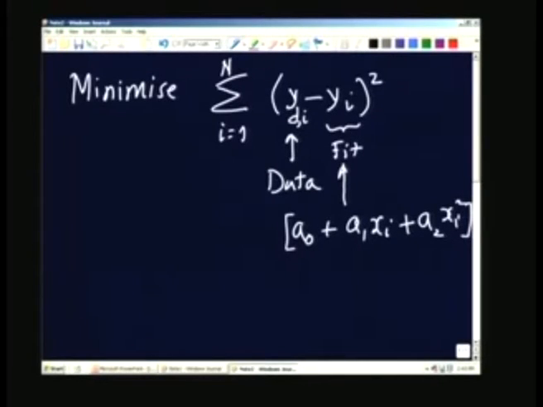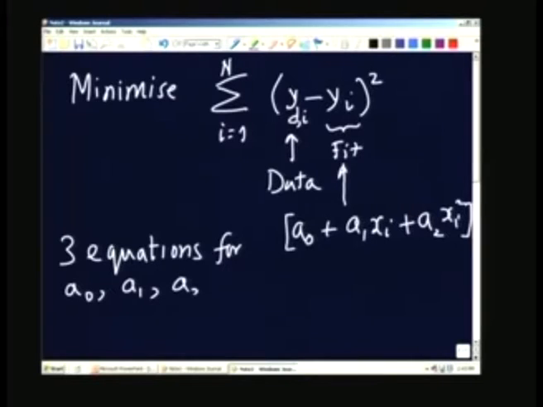For example, in the case of linear regression we had two such equations. In this case we will have three equations which are required for finding out the three parameters a naught, a1 and a2.